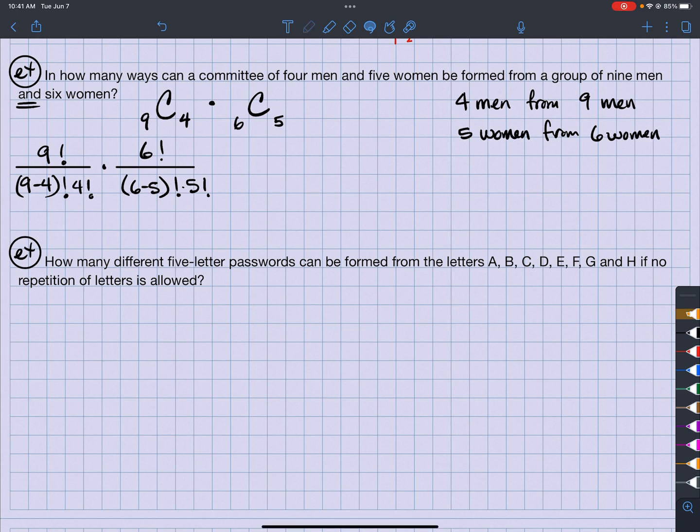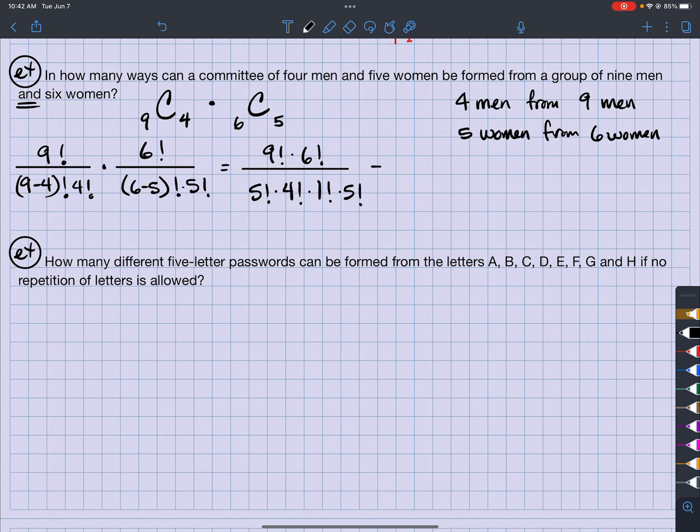What does that equal? We're just going to multiply straight across. I got 9 factorial times 6 factorial over 5 factorial times 4 factorial times 1 factorial times 5 factorial.